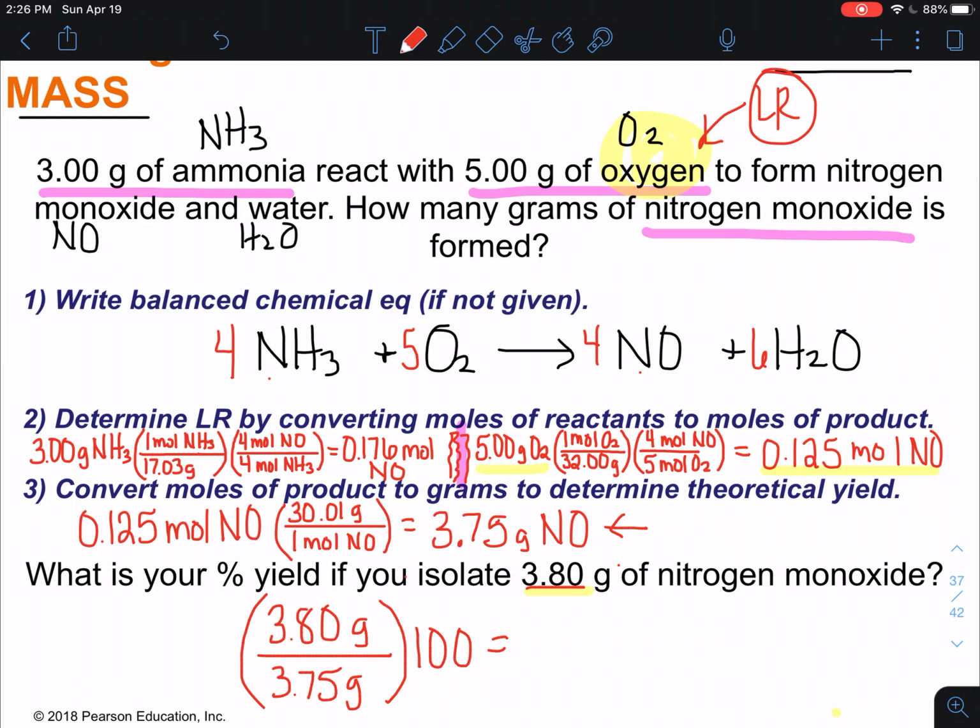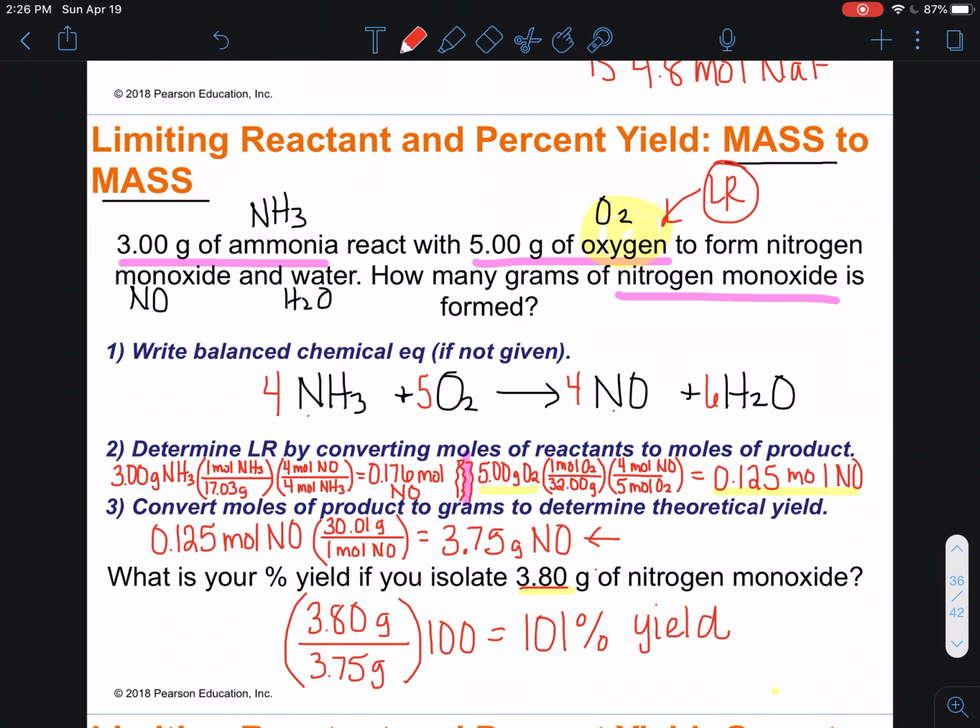Just making sure all my math is right. Sometimes if I did something wrong and didn't catch it, you guys are listening going, she did this wrong, sorry. Not everybody's perfect. Okay, 101%. That is a little bit higher than we would ever have wanted, but that's what the numbers say. So the percent yield is 101.